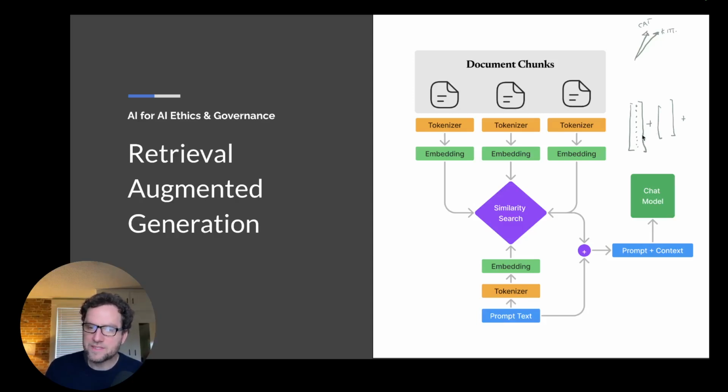So now, if I take a prompt, say I've uploaded my PDF, it will chunk it up into different chunks of text. Here are little document chunks from my document. These chunks are just natural language, a sentence or a paragraph.